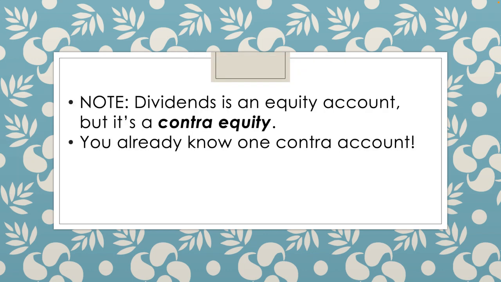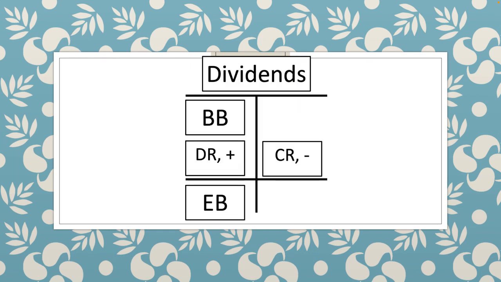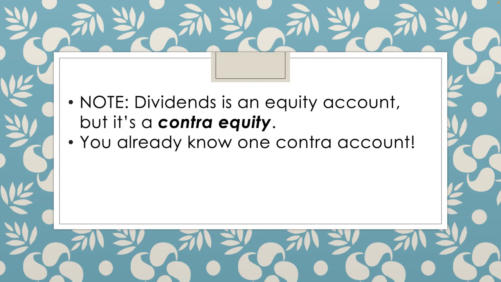Now, a note here, you already know one contra account because dividends is an equity account. But if you remember, dividends looks like this, right from our review today and from the last lesson. Dividends has balances on the debit side. So dividends is an equity account.